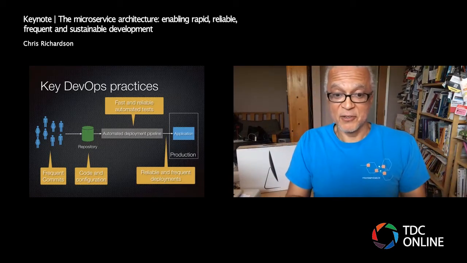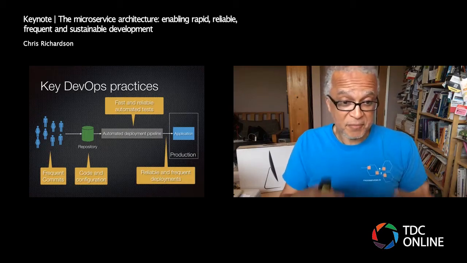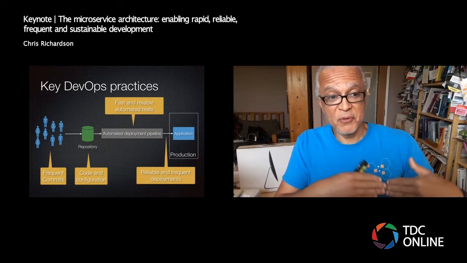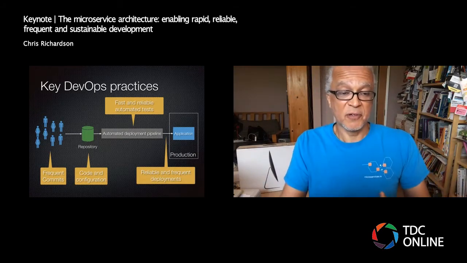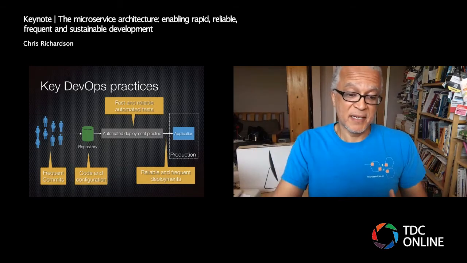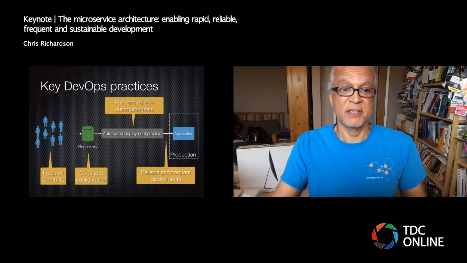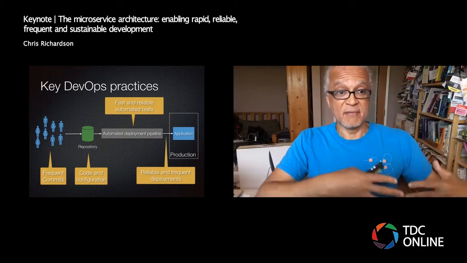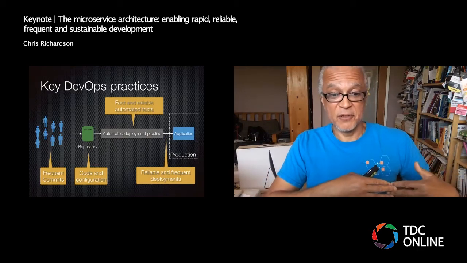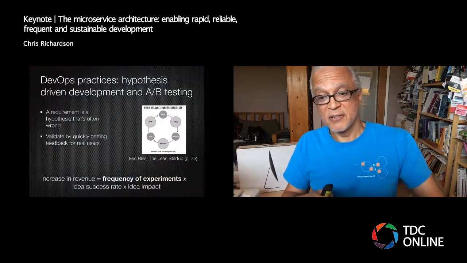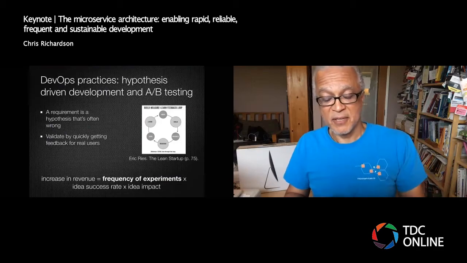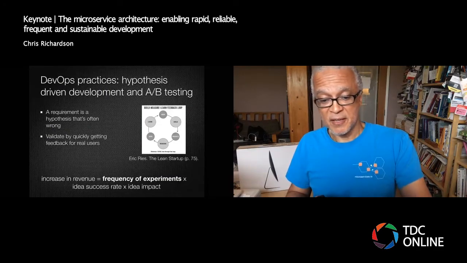It turns out that that's often wrong. And you actually have to be able to quickly validate your requirements by making small changes in production and getting rapid feedback from real users.